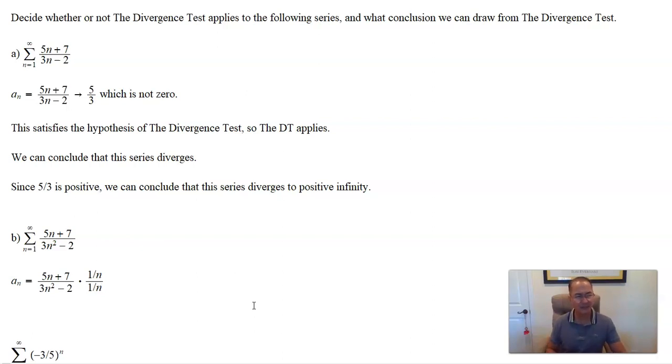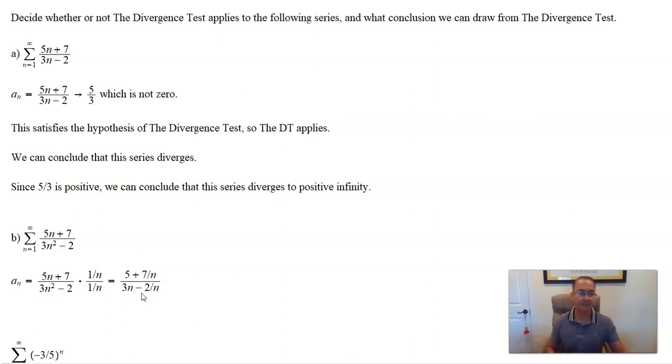But the highest power in the numerator is not the same as in the denominator. Let's try 1 over n. The 5n simply becomes 5, and the 7 becomes 7 over n. The 3n squared gets cut down to 3n, and minus 2 over n.